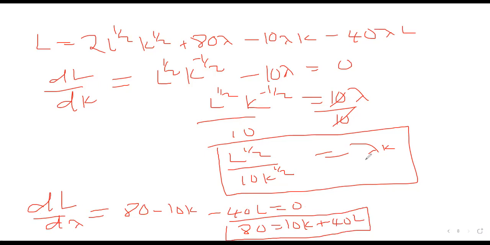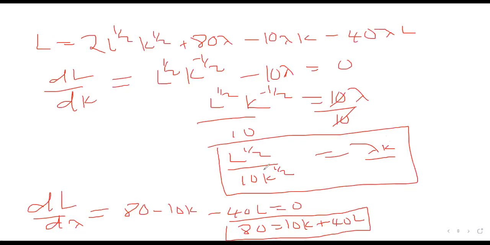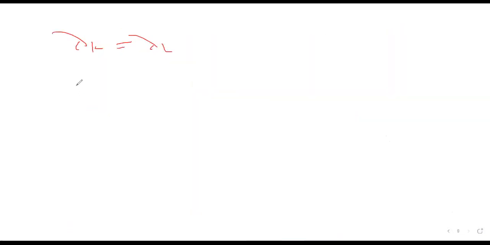So now I'm interested in the lambda for K and the lambda for L. We just need to equate the lambda for K and the lambda for L. What is the lambda for K? L half over 10K half. And what was the lambda for L?